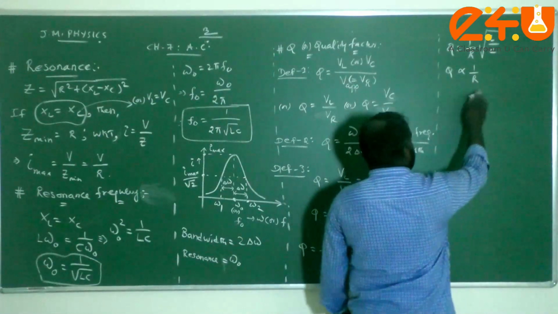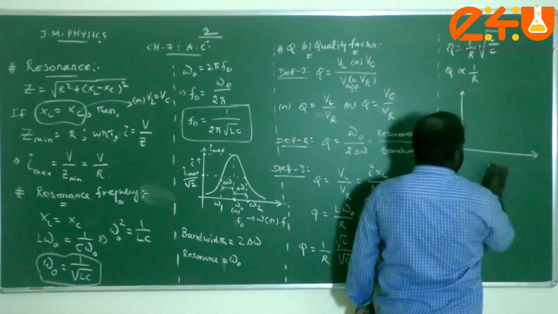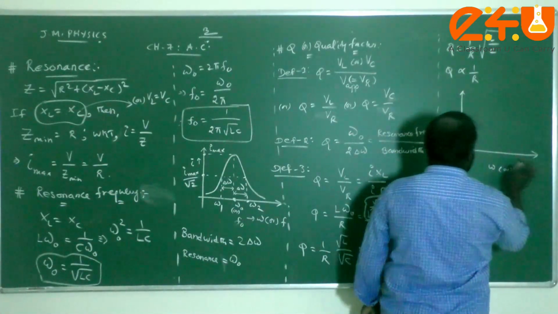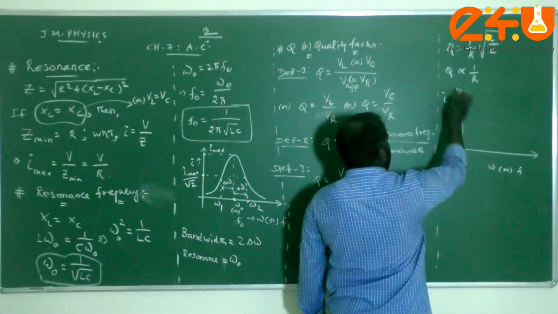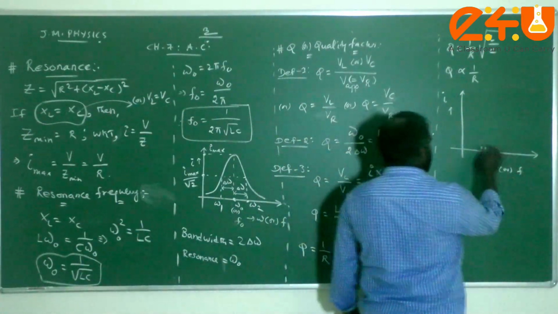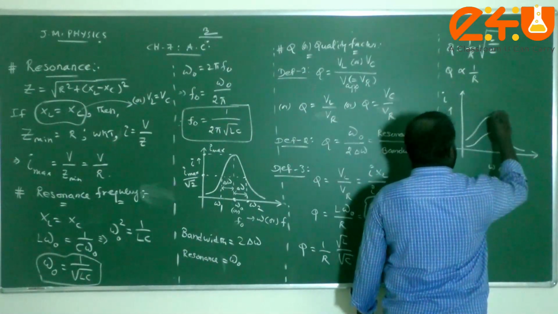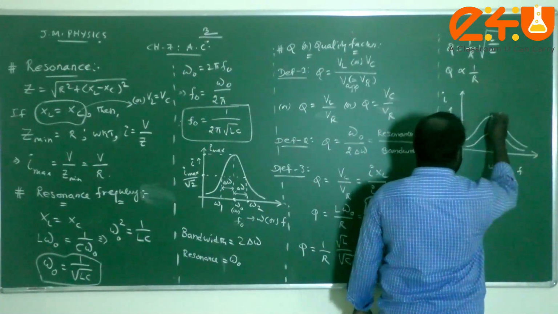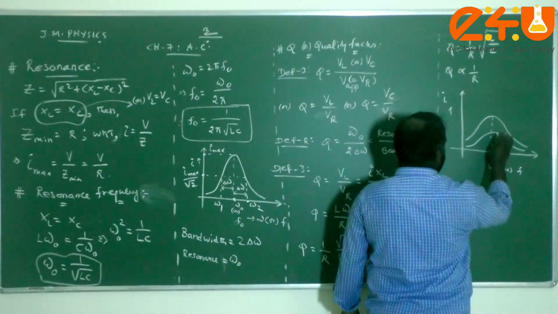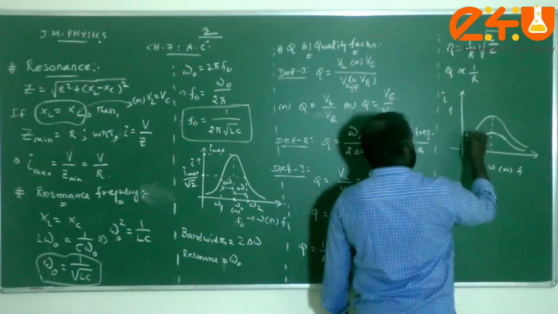Now please see, children. I am drawing the graph between frequency omega and the current I for the different values of R. Please see that these are the maximum current values.